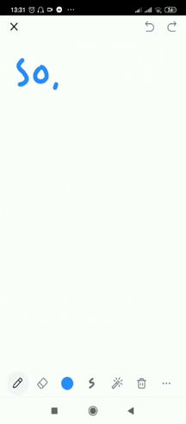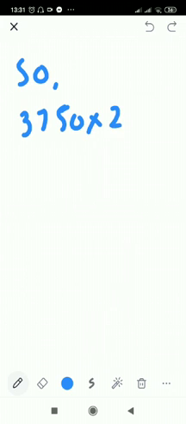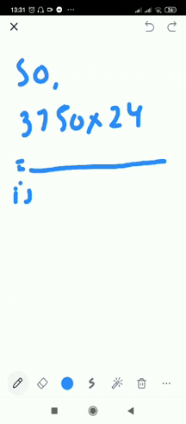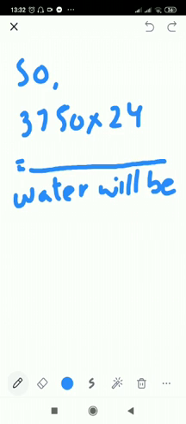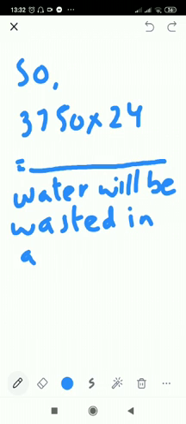So, 3750 multiplied by 24 is equal to dash water will be wasted in a day, and then you're going to do the working.